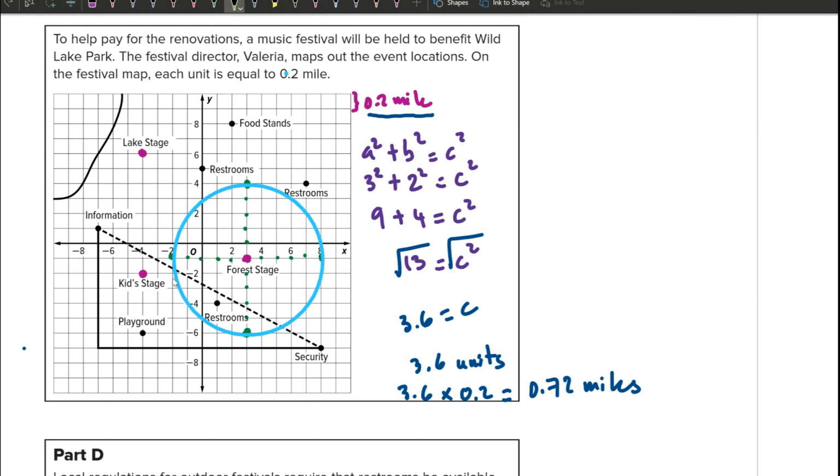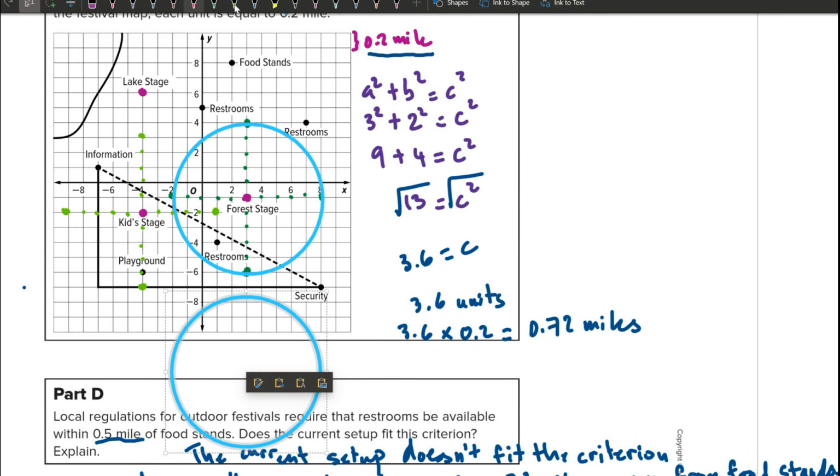So kid stage, counting 5 boxes in each direction. To save time, I know this circle is exactly 1 mile away from the center, so I'm going to copy and paste, and that will be my green, and then move it up here.